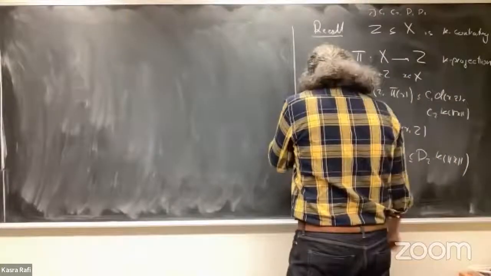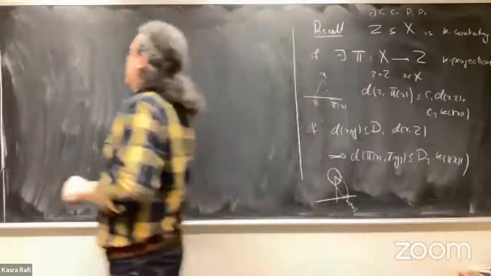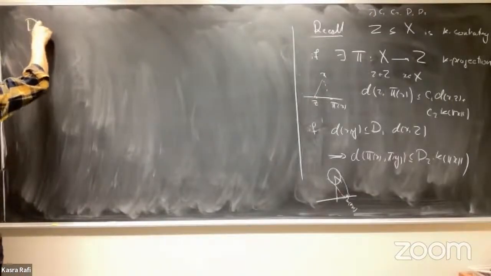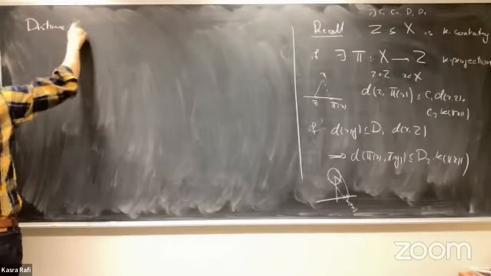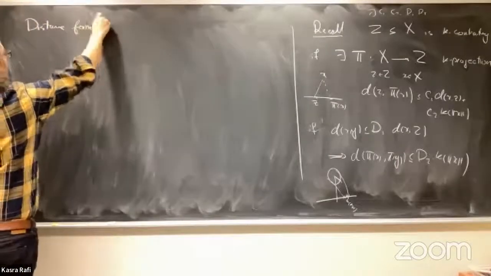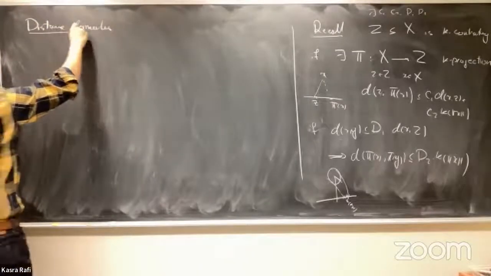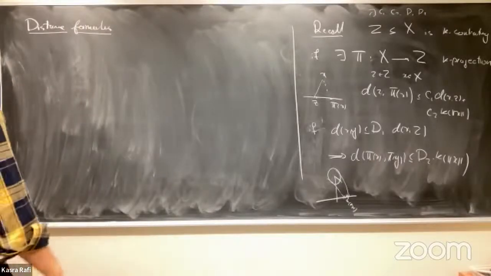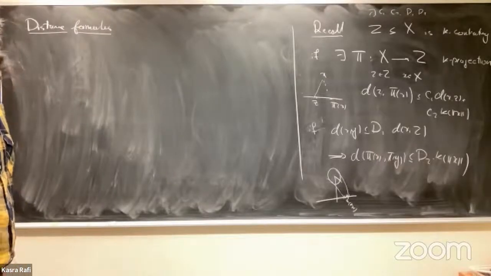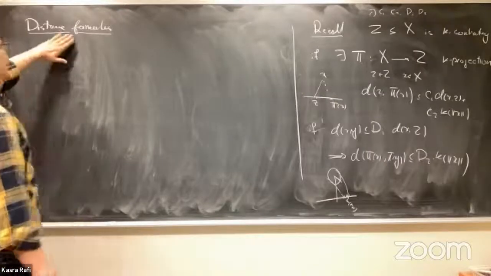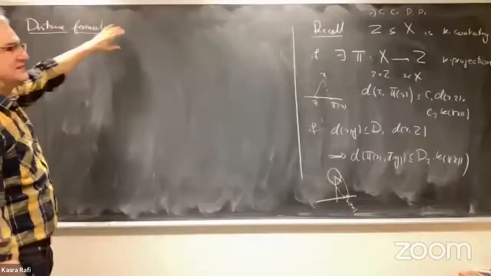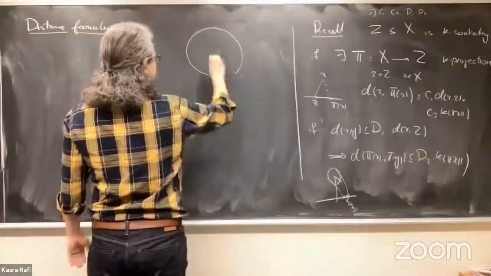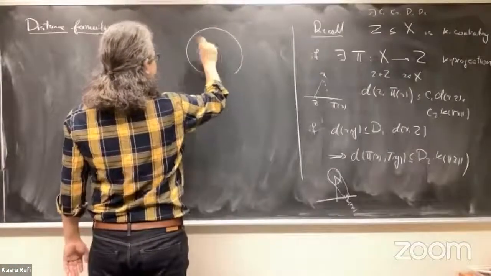I forgot to write one property of the relative hyperbolic groups, so maybe I'll do that. The relative hyperbolic groups, like Markov groups, have a similar distance formula, and this is what we're going to use to bound distances in G. So the picture again is as usual.